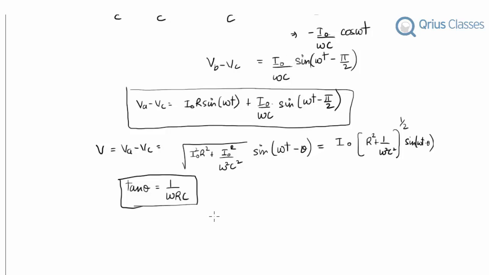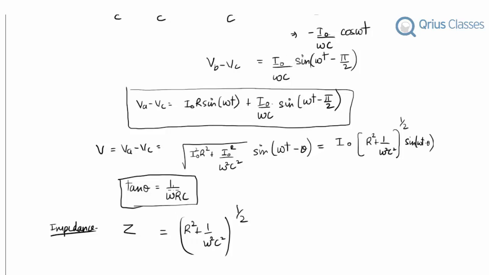At any given time the current was I naught sine of omega t. The impedance is denoted by the symbol Z, and it can be directly written as R square plus 1 by omega square C square to the power 1 by 2.